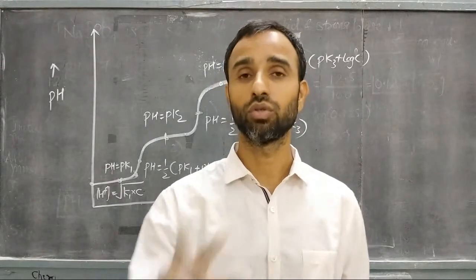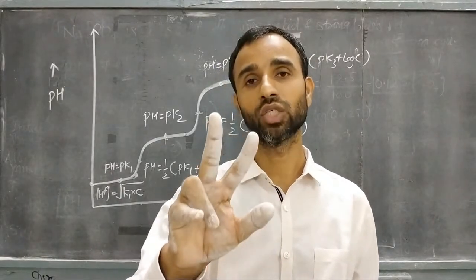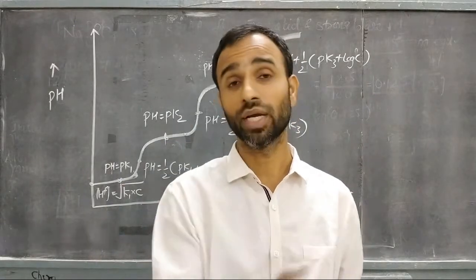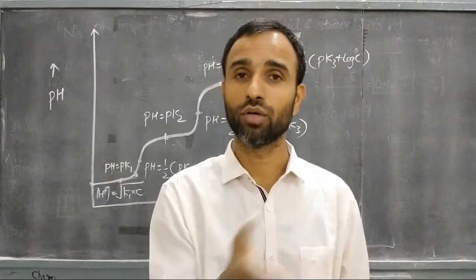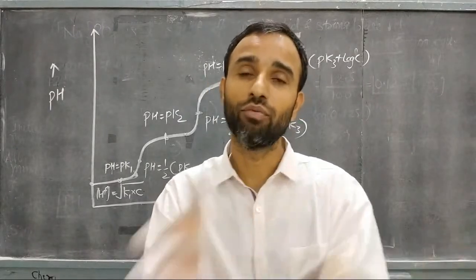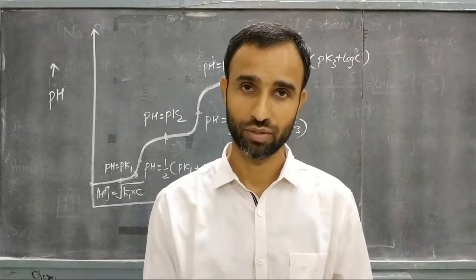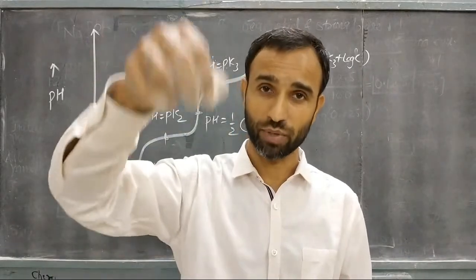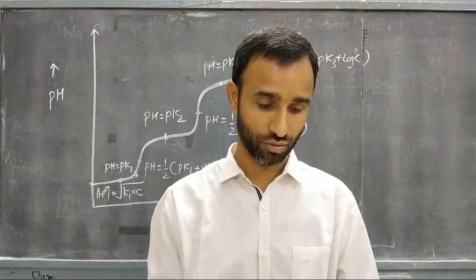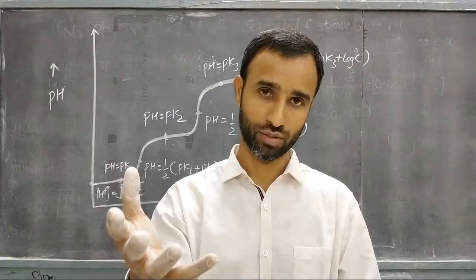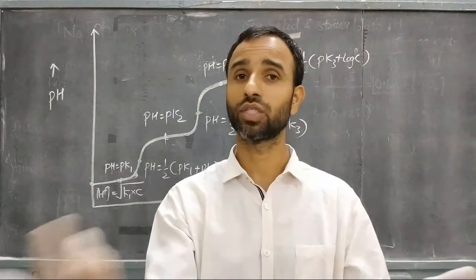Because some indicators have a range, like phenolphthalein 8.3 to 10, some indicators have a range from 4.1 to 5.3. So they give different colors at different pH, just like pH paper. So this mixture is just like pH paper. You know, pH paper gives different colors at different pH.